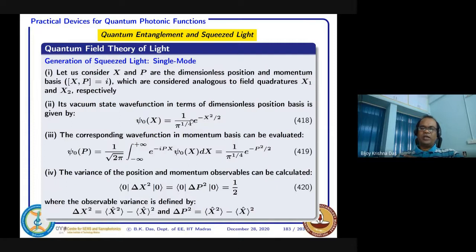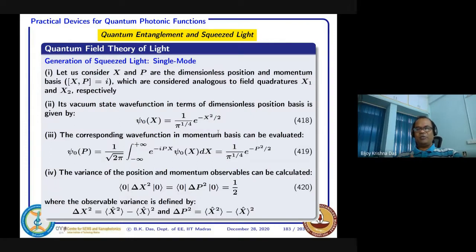If you do the Fourier transform, instead of e to the power ikx, here we are writing ipx. So instead of x to k conversion, here we are considering x to p momentum conversion. The 1 by root 2 pi comes because of the Fourier coefficient, and then a similar formula comes. Psi naught of x and psi naught of p in the ground state are similar, only here it is x and p. You can recollect now, just try to correlate.